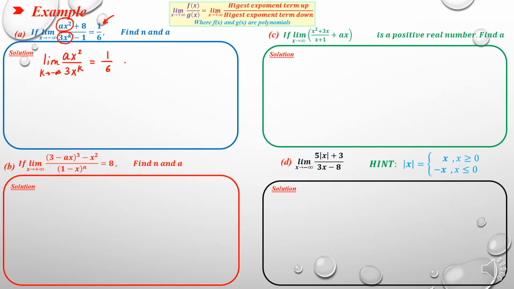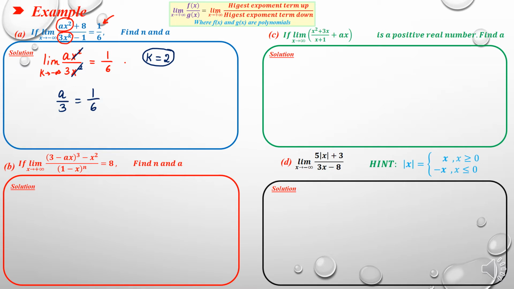Now, since the limit equals a real number, this means that the degree up equals the degree down. So k equals 2. So you can replace k here by 2, and you can cancel x power 2 with x power 2, and you will get a over 3 equals 1 over 6.